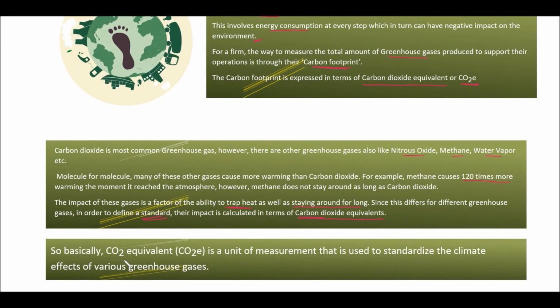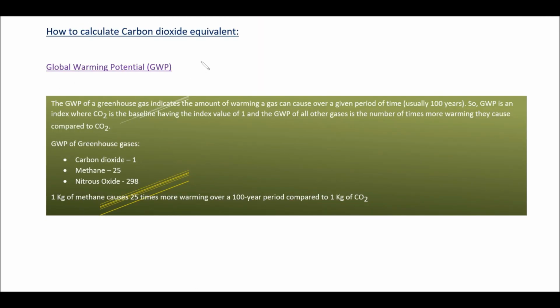CO2 equivalent, or CO2e, is a unit of measurement that is used to standardize the climate effects of various greenhouse gases. Now let's look at this in a little more detail, and let's see how to calculate the carbon dioxide equivalent.